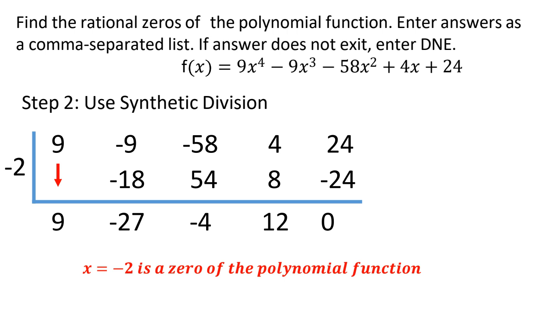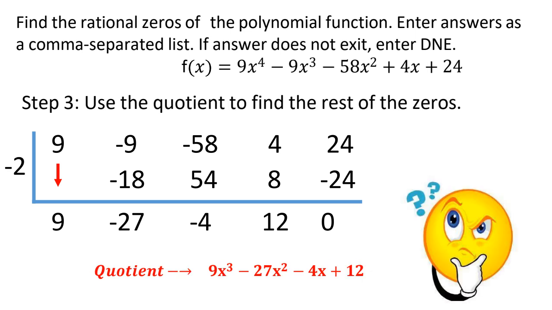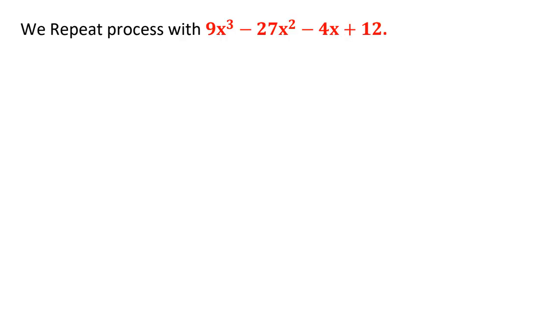And I'll have my quotient. Now again, my quotient is still not something that I can work with because I have a cubic. But this cubic is factorable, and I can factor by grouping. What I will do is go back and show you the quick way, but first, let me just do it the long way.